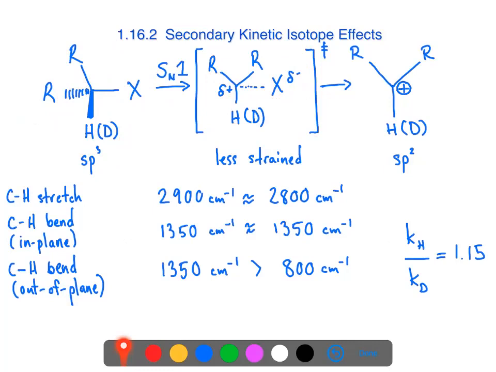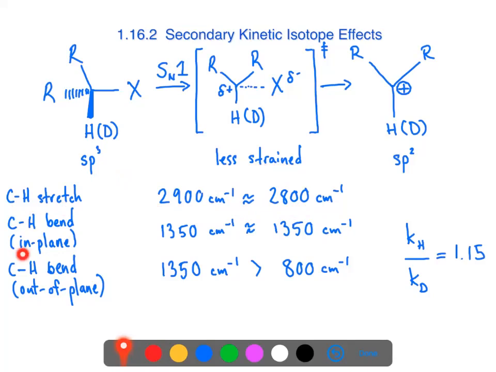It is secondary to that event. So if we look at the various frequencies associated with this CH bond and similarly the CD bond between the reactant state and the transition state, we can see that for the CH stretch, we see very little difference, only 100 wave numbers between the reactant and the transition state.